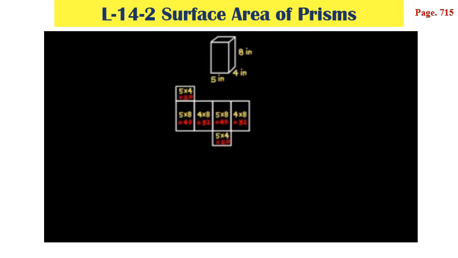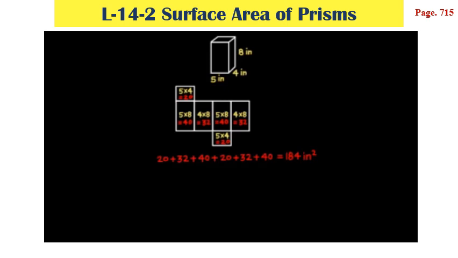Now we can calculate the area of each rectangular face by multiplying their lengths by their widths. And finally, to find the surface area, we add the areas of all the faces together. 20 plus 32 plus 40 plus 20 plus 32 plus 40 equals 184.